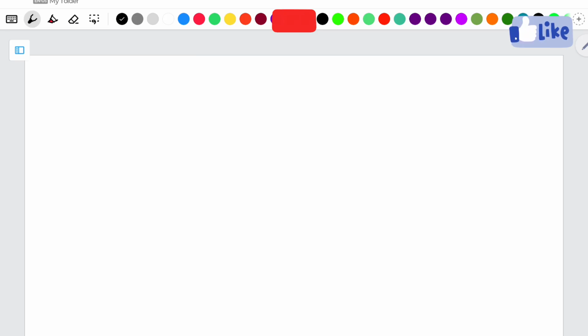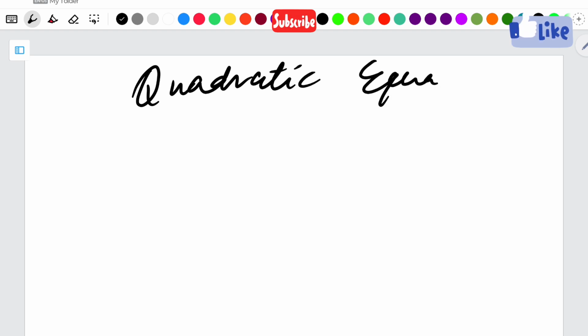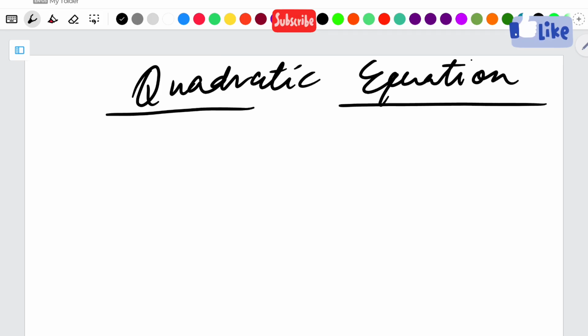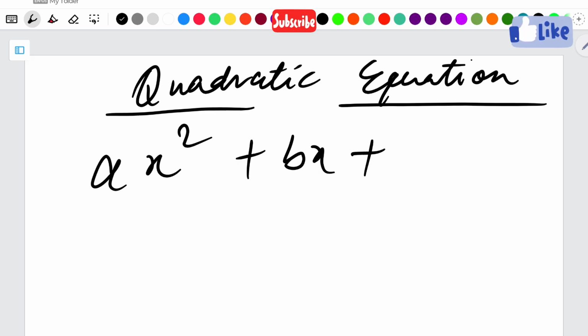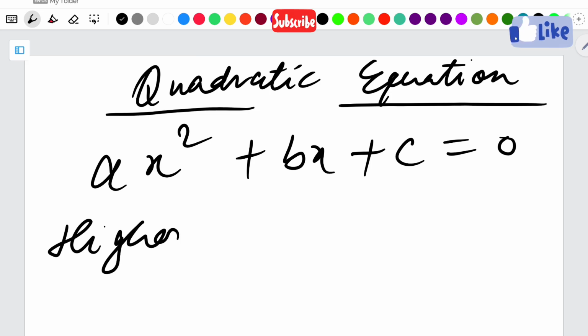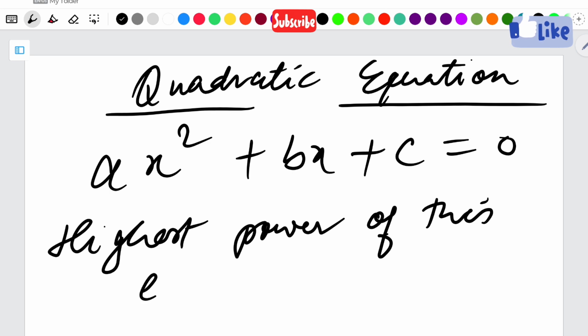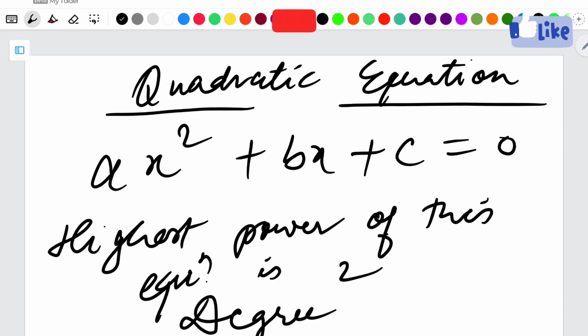So quadratic equation is an equation in which the power of the variable is 2, or you can say the highest power of this equation is 2, that is, the degree is 2.